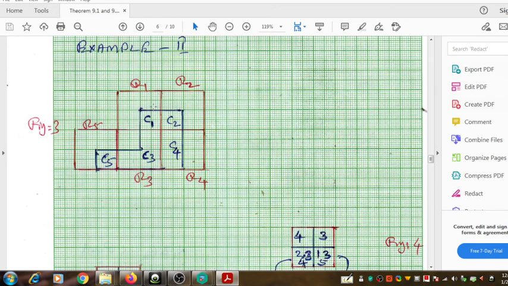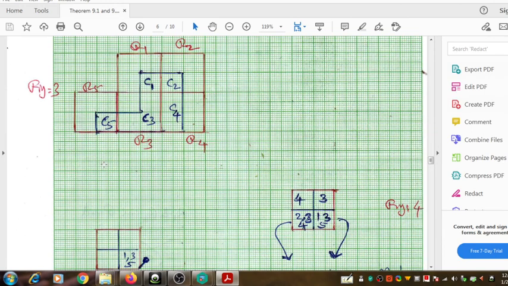Here, for convenience, we have taken a symbol set. That symbol set has this big L shape, and this set is C. It shares C1 with R1, C2 with R2, C3 with R3, C4 with R4, and C5 with R5.